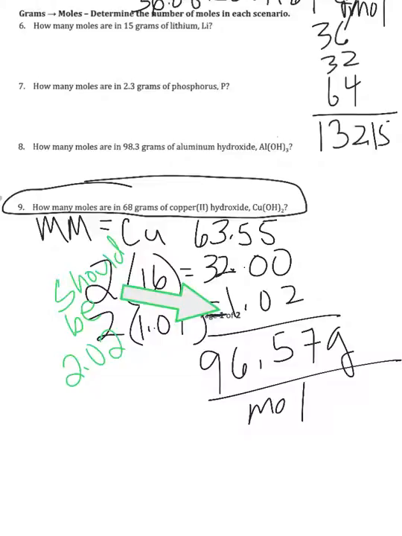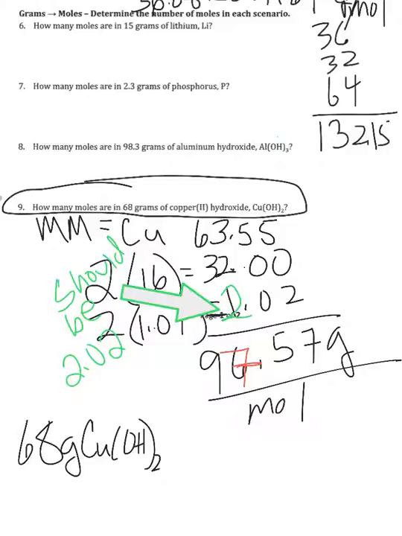Alright, so we got the molar mass there. We're good with that. We want to write down what our known is, as we always do. And that would be our Cu(OH)2, our copper 2, cupric hydroxide, 68 grams. And now, what's it asking for?